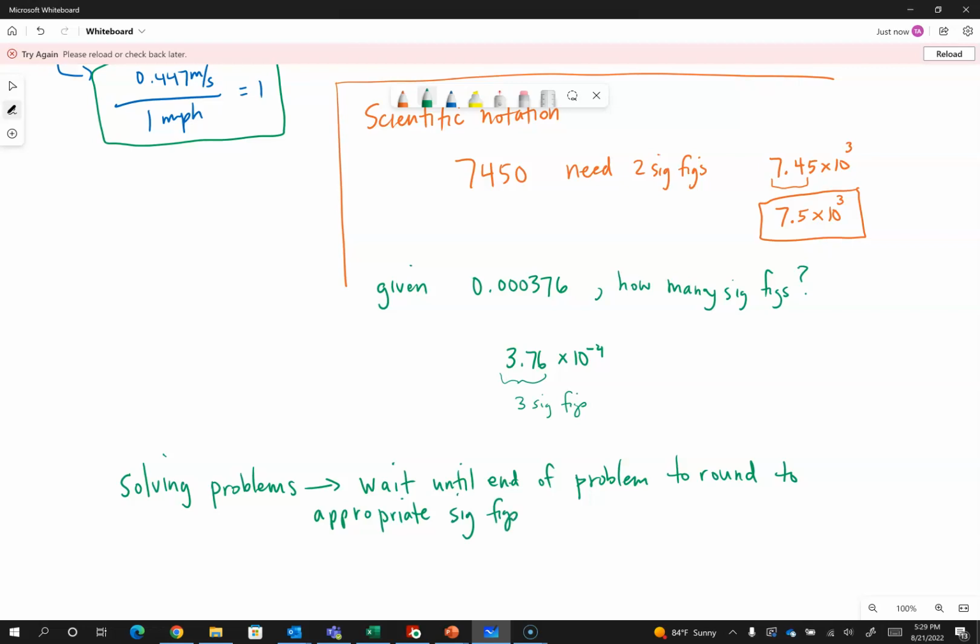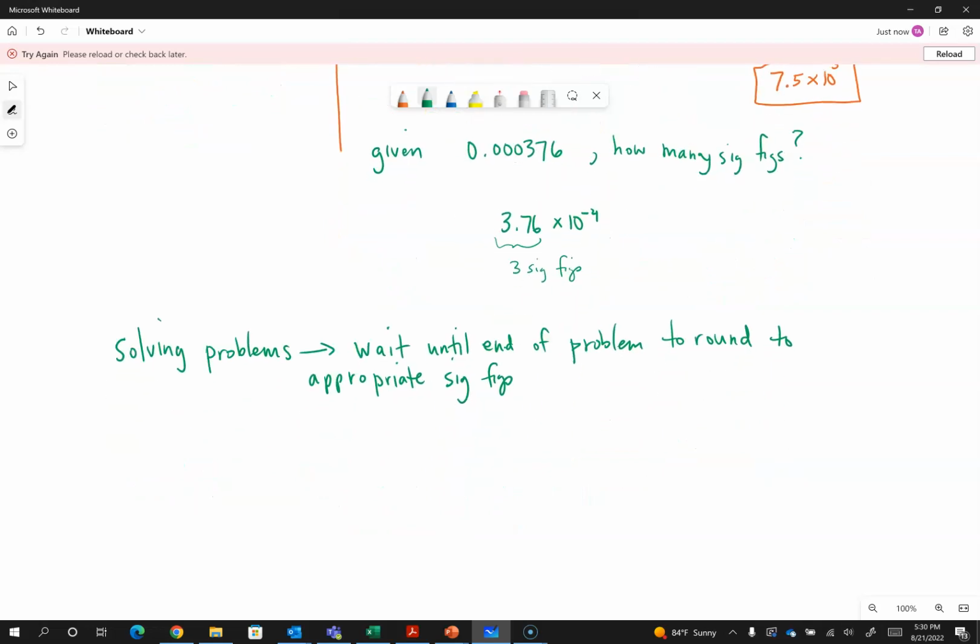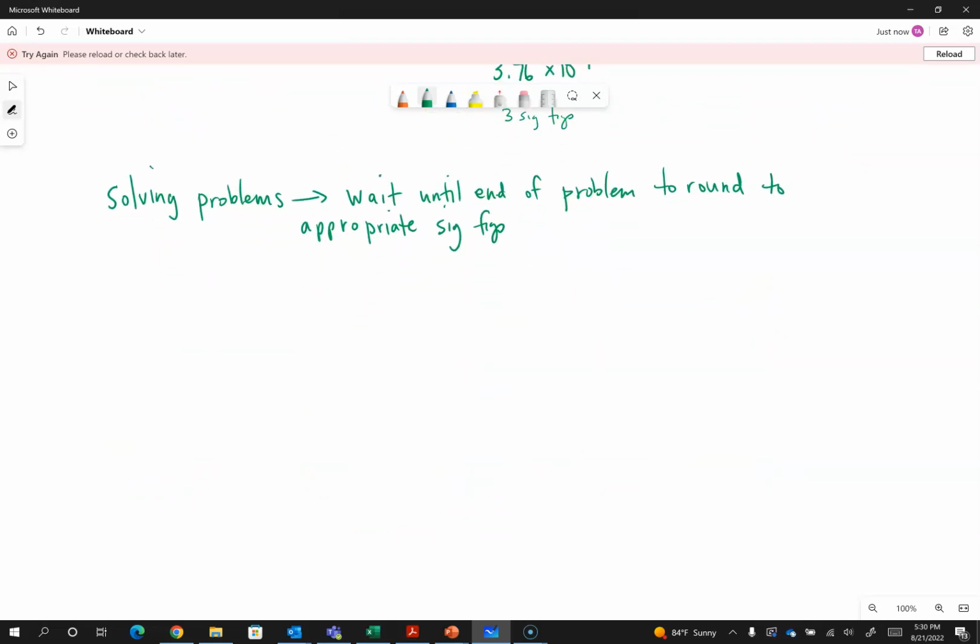And again, as long as you're within 1 sig fig of what it should be, that's fine. I'm not going to harp on scientific notation too much. But I do want to see that you're paying attention and that you do realize that just because your calculator screen is full of numbers doesn't mean you actually know those numbers that accurately.